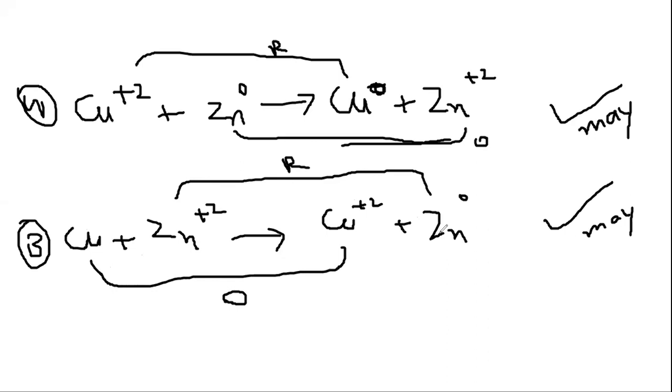So the fundamental principle over here is that in these two half cells, one is the oxidized form, the other one is the reduced form. Here the copper is the reduced form and the zinc is the oxidized form. So one is the oxidation and the other one is the reduction happening over here.